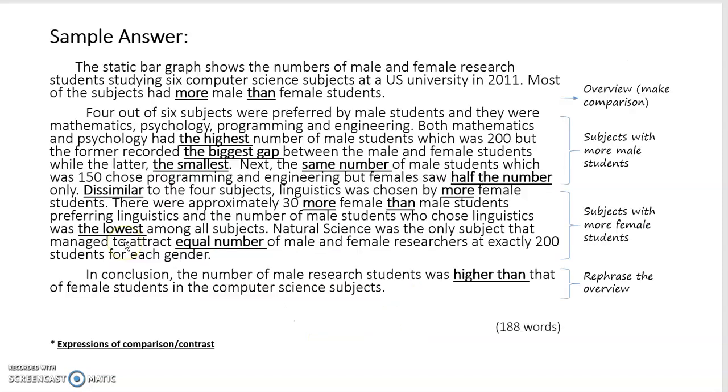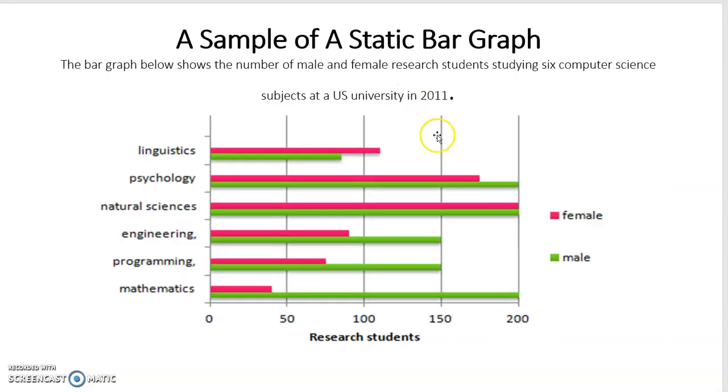Mathematics had more males, programming had more males, engineering had more males, psychology had more males. So 4 out of 6 had more males. That will be a good overall understanding of the whole graph. Okay, so now I think we're done with the introduction.